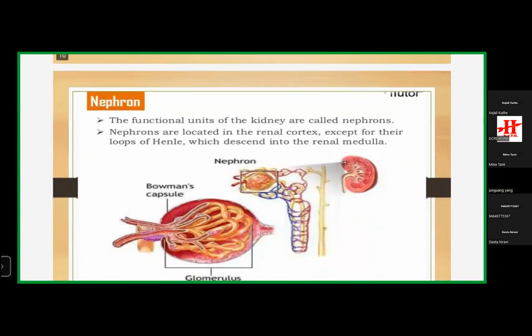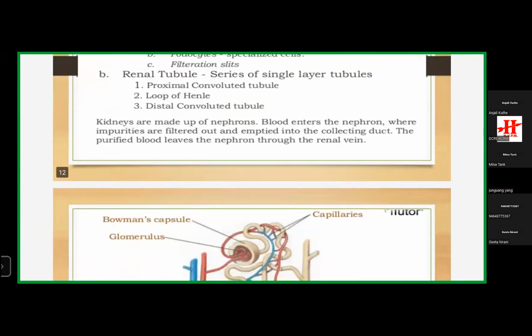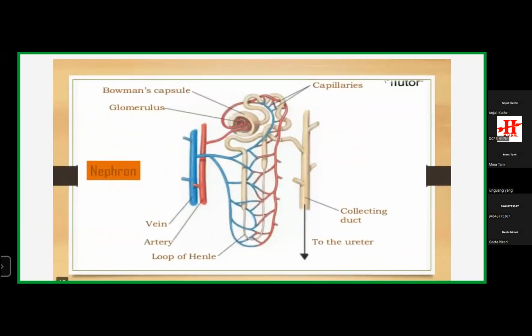Yes, this is the structure of the nephron. We will not go so deep, but this is the microscopic structure of the kidney. When we study the structure of the kidney while learning anatomy, I told you in the very first lecture: external, internal, and microscopic structure.